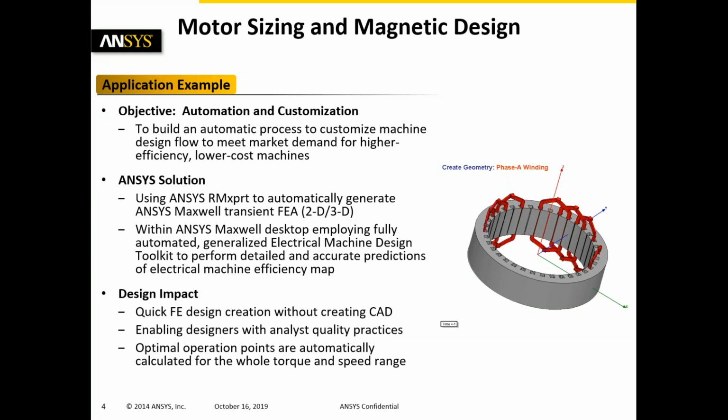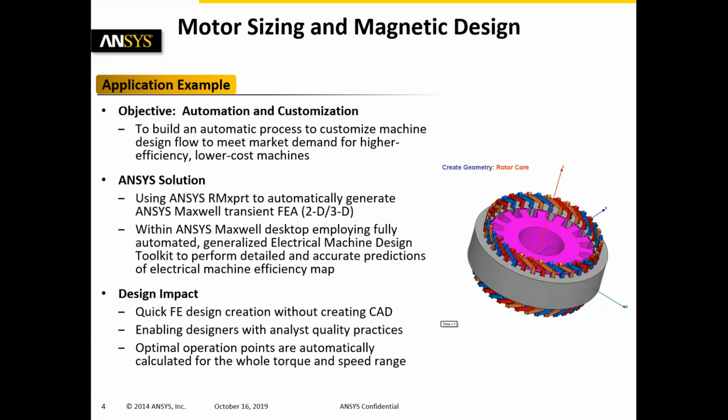By doing so, we'll have a quick FEA design creation without actually creating a CAD. There are a lot of motor types available for you to pick in MExpert, so you don't necessarily have to have an actual CAD before you start the simulation.